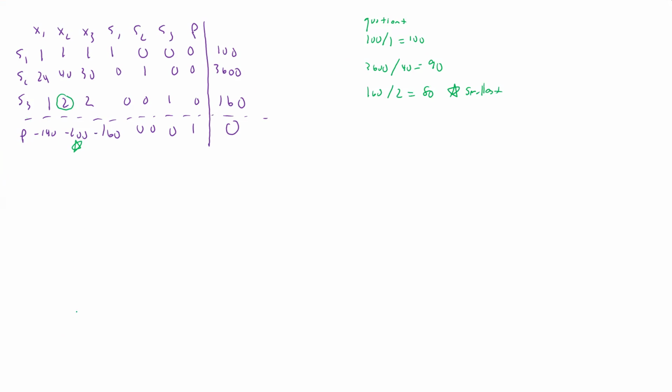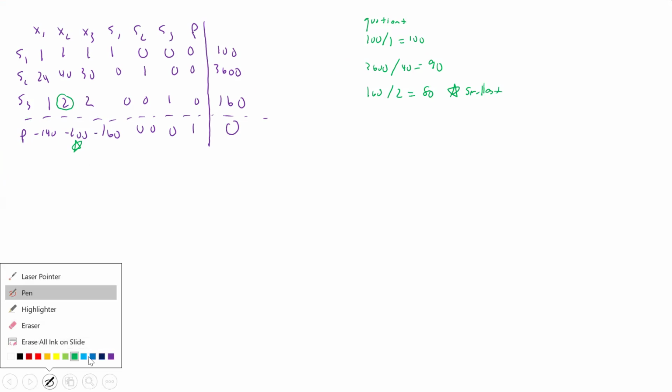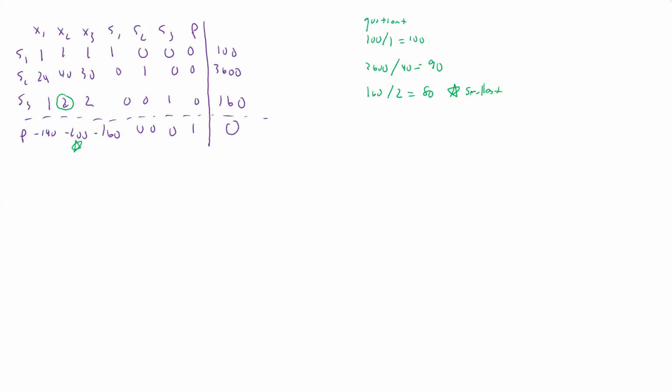All right, so that's our pivot point. Now what we need to do is make that a 1, that 0, that 0, and that 0. So to make this one a 1, we take 1/2 row 3 and make that the new row 3. To make this one 0, we take -20 row 3 plus row 2, and that's the new row 2.